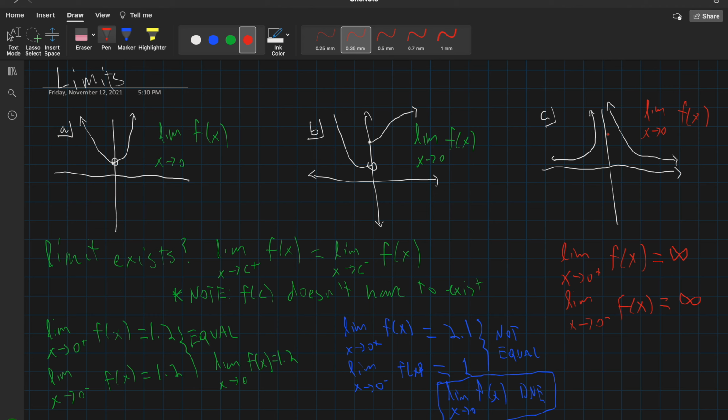So by definition, this actually means that there is no limit as we approach from the right, and there is no limit as we approach from the left. So this is something that is sometimes a confusing topic on infinity, because a lot of people say, oh look, they agree, so the limit exists.